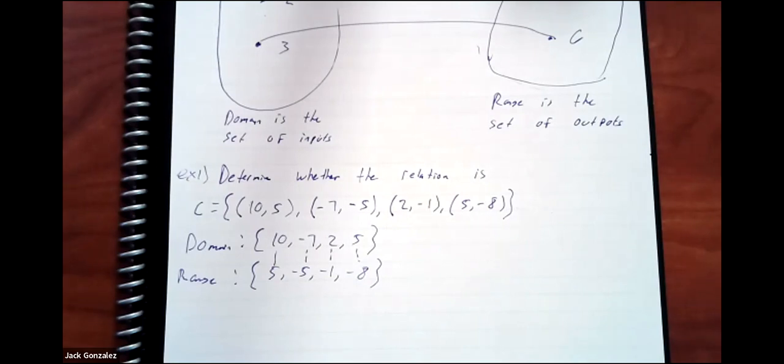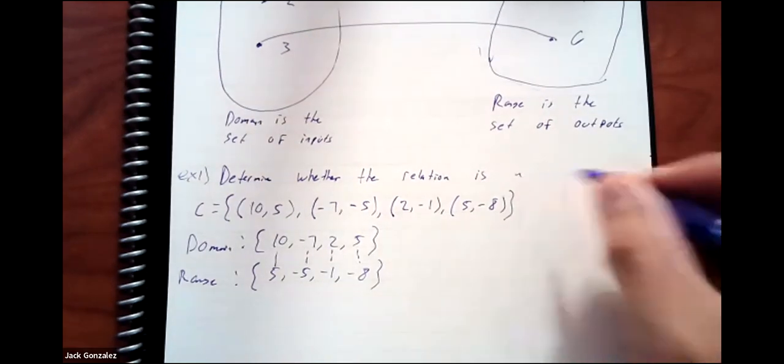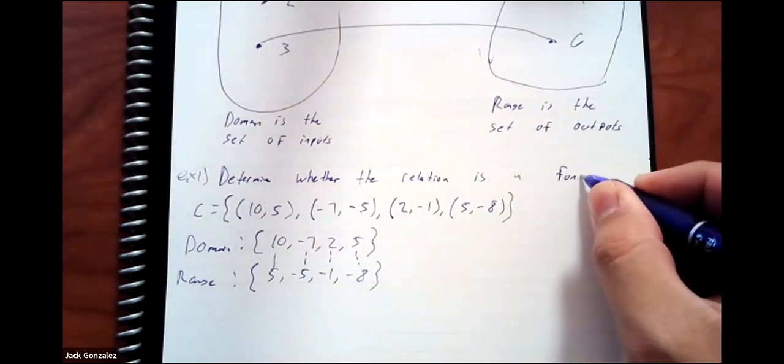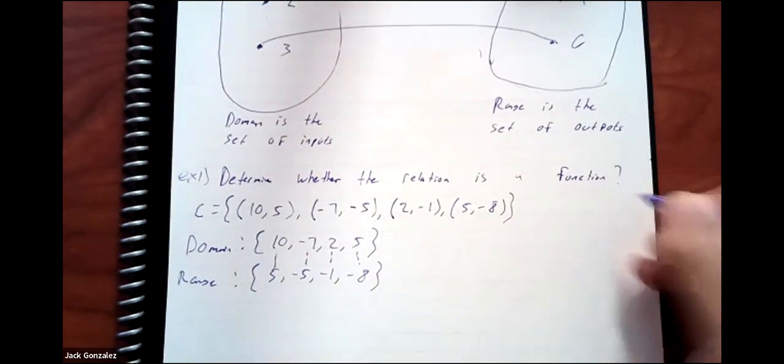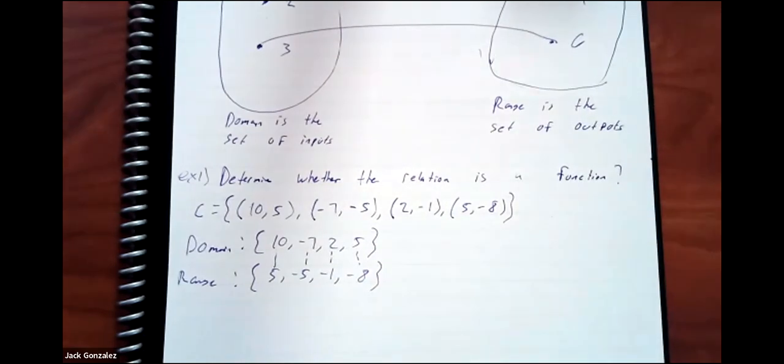Okay, now the question was, determine whether this relation is a function. Does it violate the definition, or is it okay? Yeah, it looks okay, right? You don't see any X's going to two different places, right? Did any of these X values go to two different places?